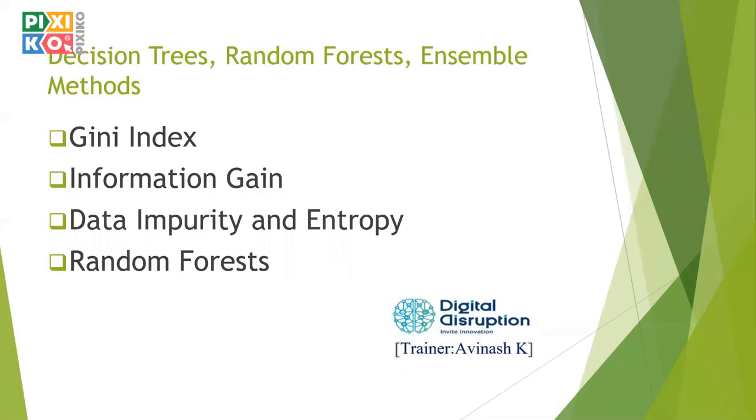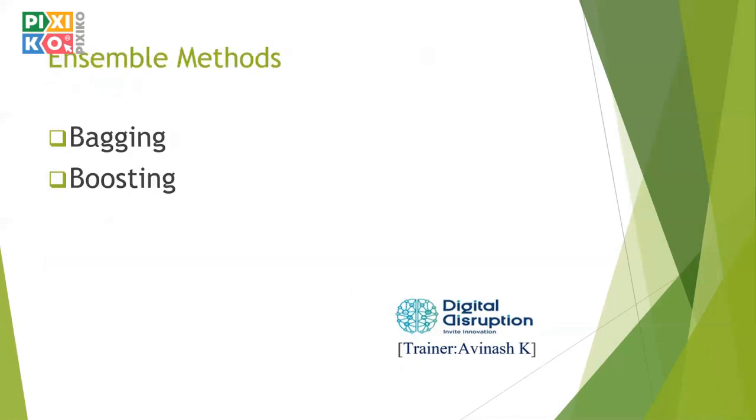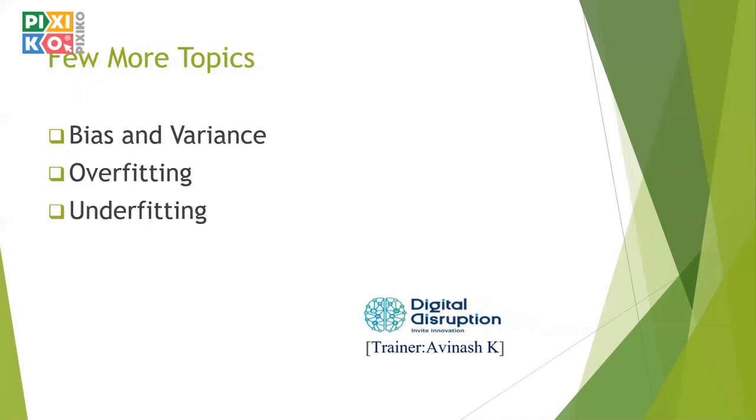We shall be leveraging the concept of decision trees in the random forest, followed by the ensemble methods, which are a very important building block of any machine learning model. In ensemble methods, we shall primarily be working on bagging and boosting. We'll see how these algorithms work, and we'll make sure that we have real-time coverage, real-time aspects, for every topic that we discuss.